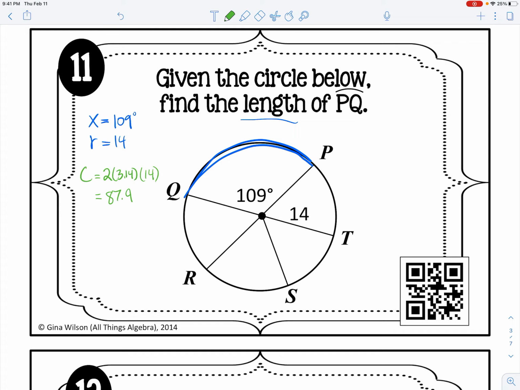That's all the way around the circle. Now we can calculate our arc length by taking 109 times our circumference, 87.9, over 360.